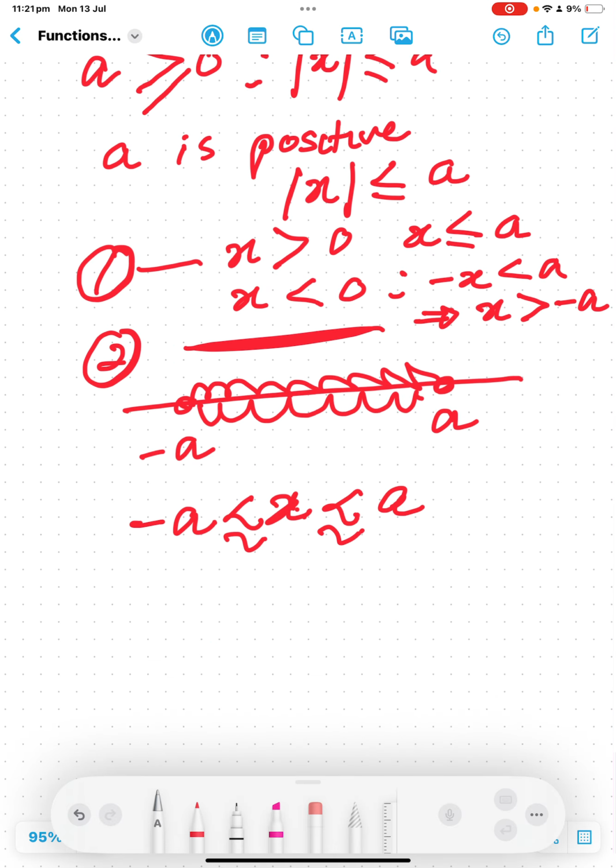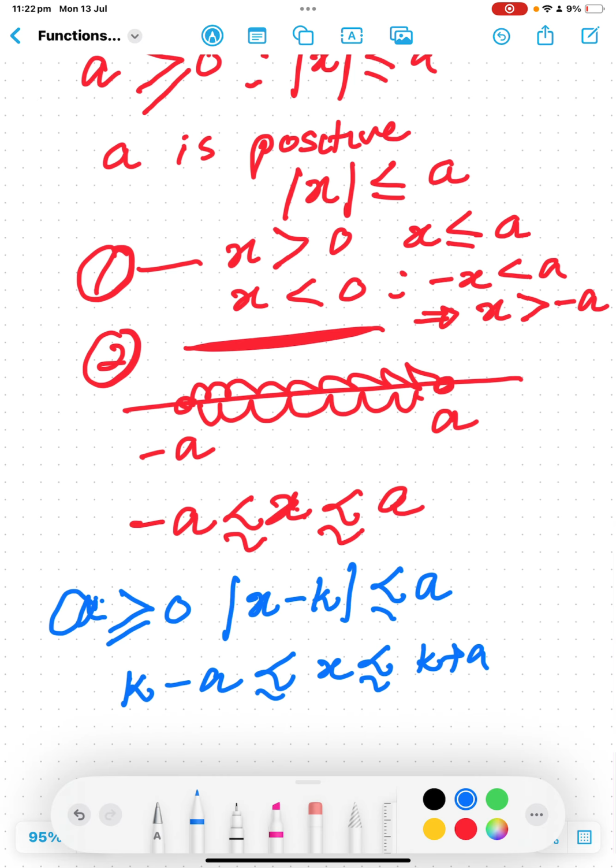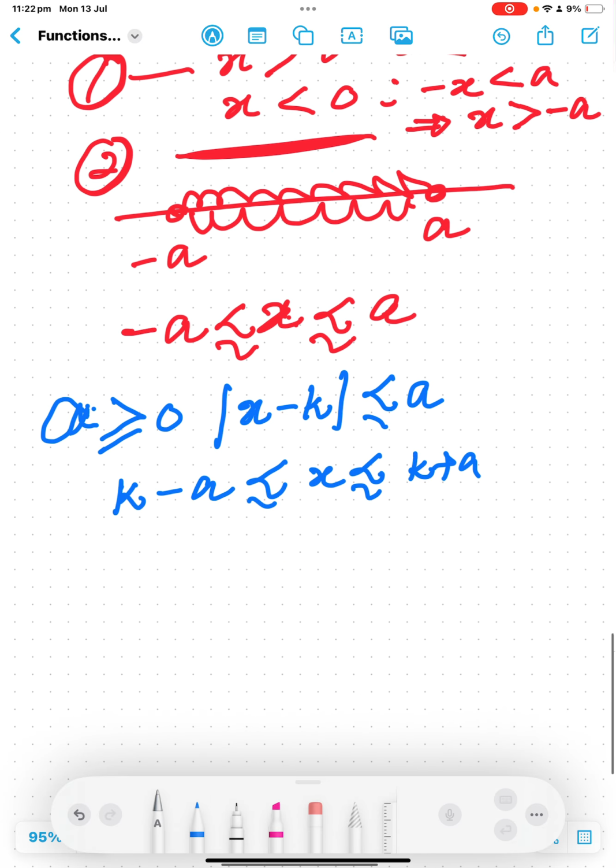Let's say second scenario. a is a positive number, modulus of x minus k is less than or equal to a. Similarly, we can say k minus a is less than or equal to x, which is less than or equal to k plus a. So these are some properties of the modulus function.